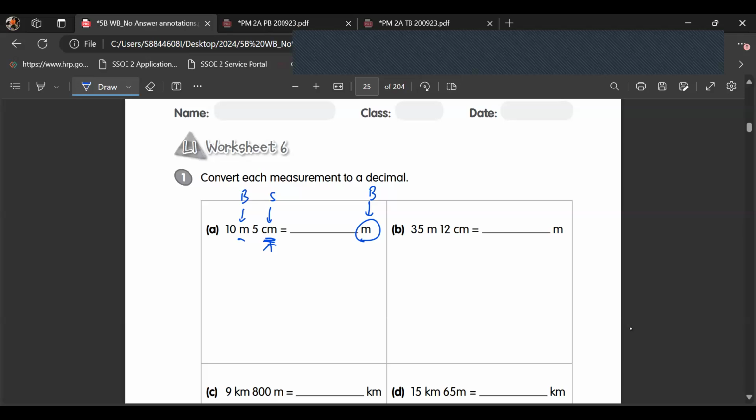Well, there are two methods for this. Method number one, I convert everything to centimeter first. 10 meter and 5 centimeter will be 105 centimeter.